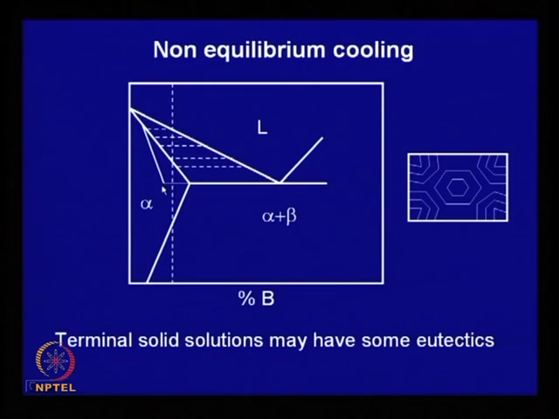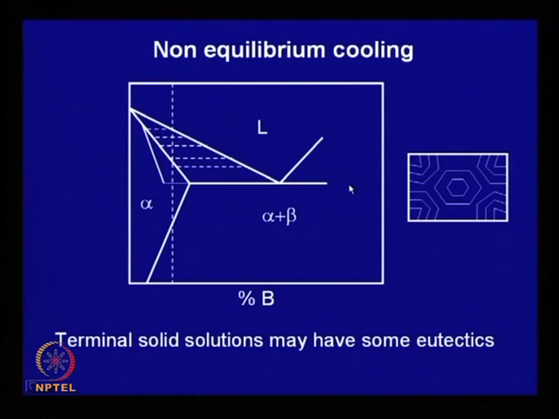Ultimately, when it reaches the eutectic temperature, there may still be some amount of liquid left. This is the amount of liquid which remains even when the temperature reaches the eutectic temperature. This will solidify as eutectic, having alpha of this composition and beta of this terminal solubility somewhere here.